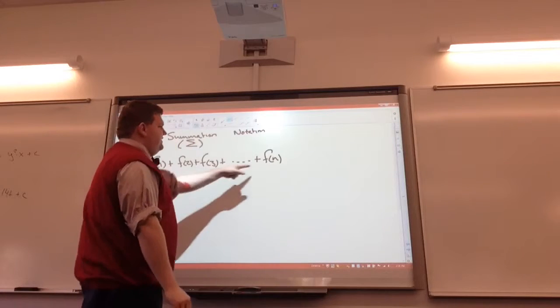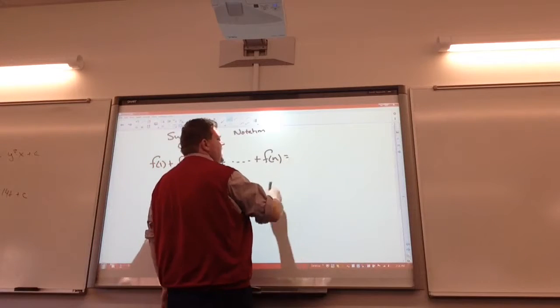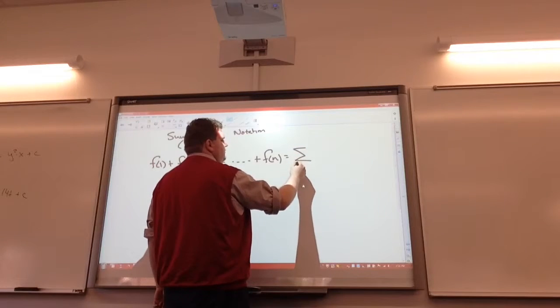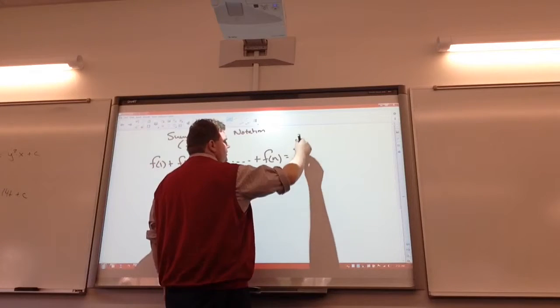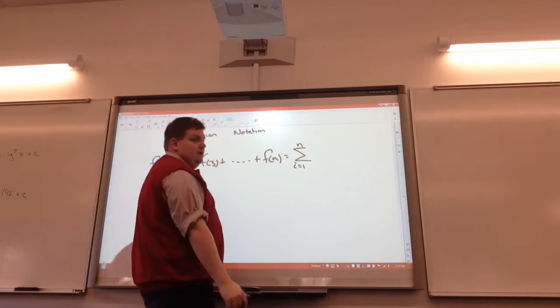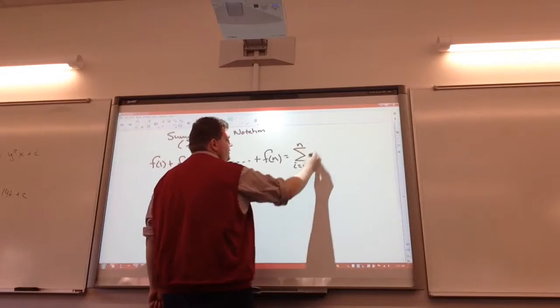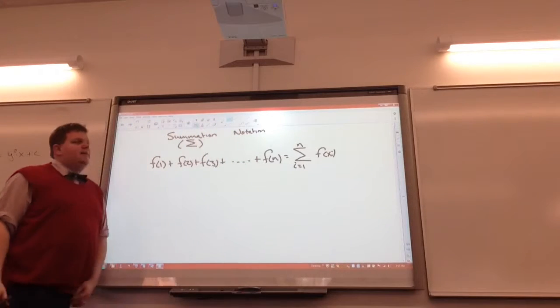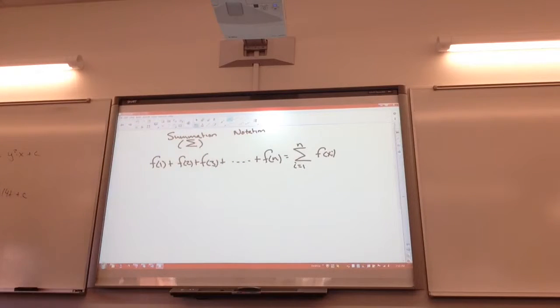And we would write this series as sigma from our first number to whatever our last number is of the function, where that x of i there is just a placeholder. It's basically holding the place for whatever number I'm going to be inserting this time around.